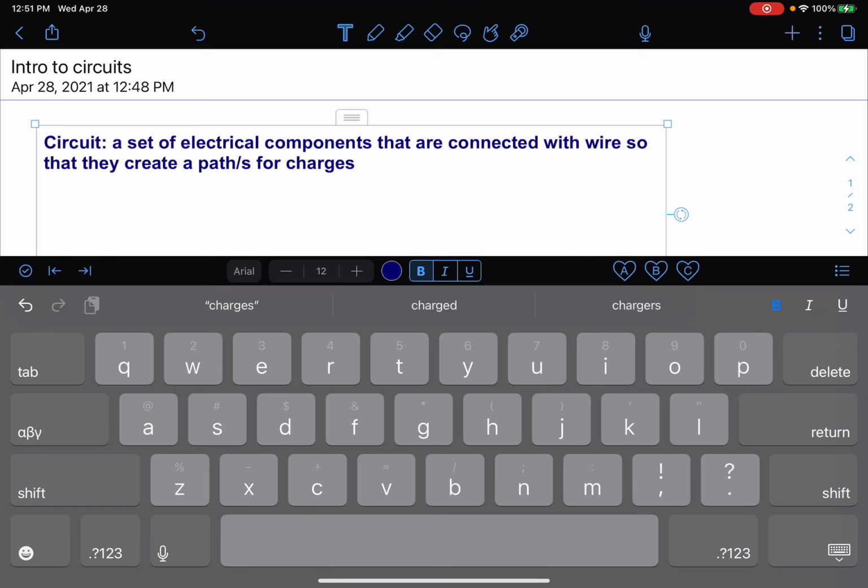So this is taking electricity and basically giving it a use or giving it a purpose so that it's being used in some way.